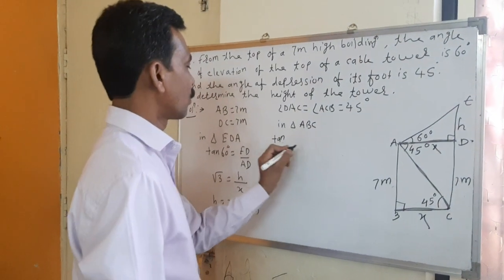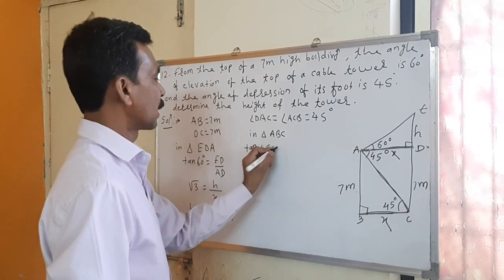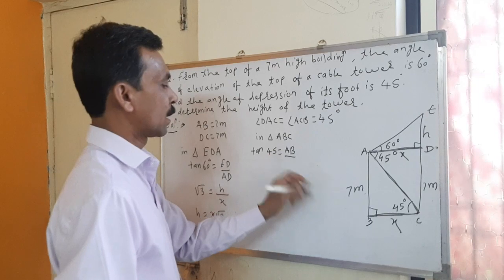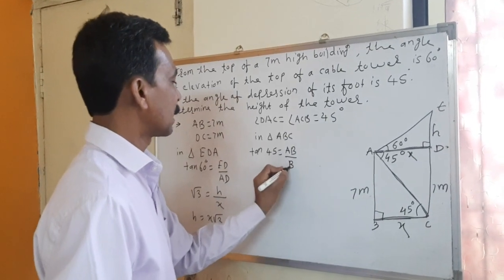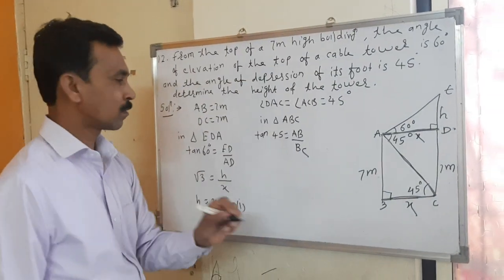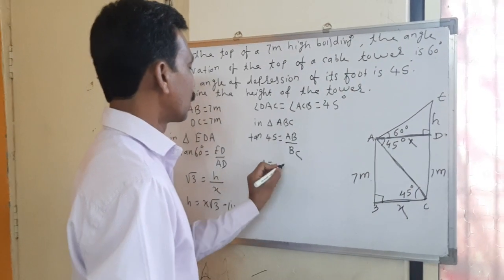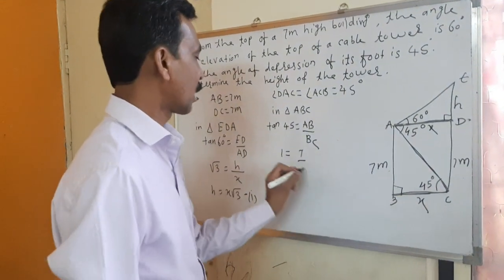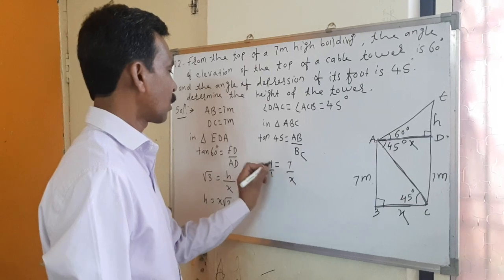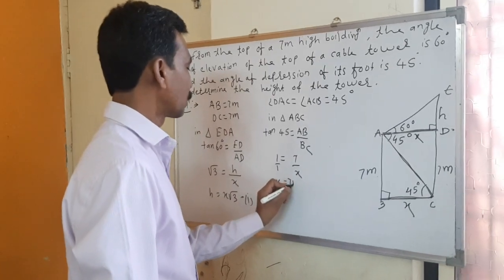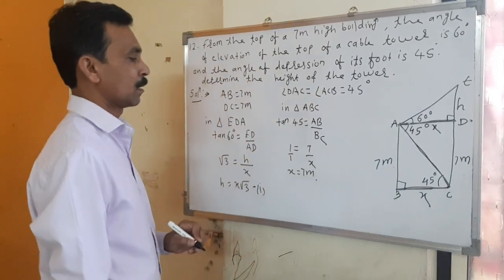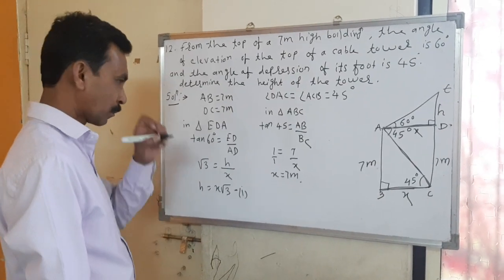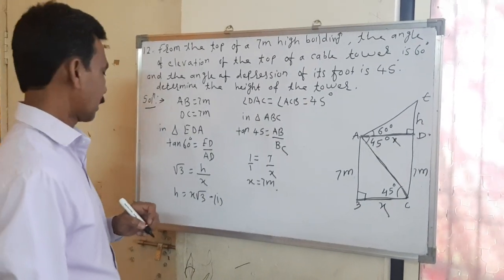Tan 45 is equal to opposite upon adjacent. What is the value of tan 45? 1. 1 is equal to 7 upon x. Cross multiplication.